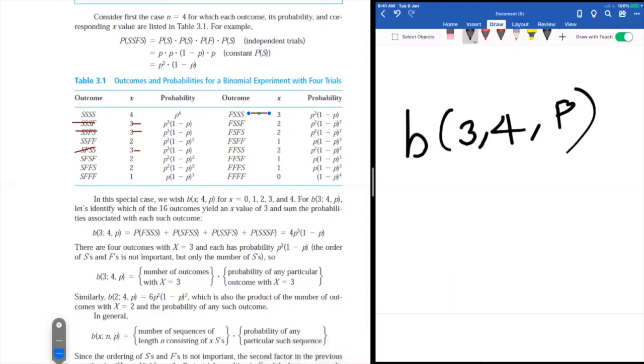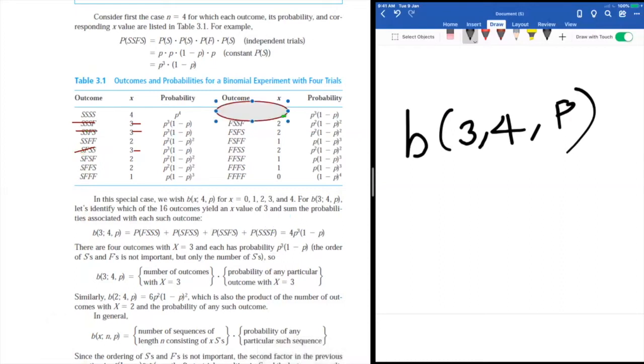The total probability, binomial of 3 for p, is equal to the probability of FSSS plus the probability of SFSS plus the probability of SSFS plus the probability of SSSF, which is equal to 4 into p cube into 1 minus p. So p cube into 1 minus p, 4 times.